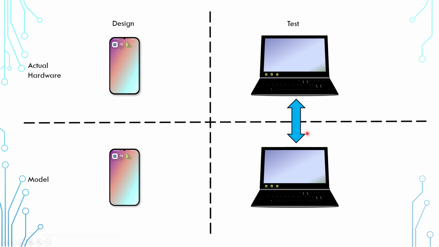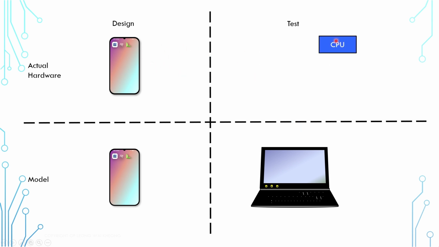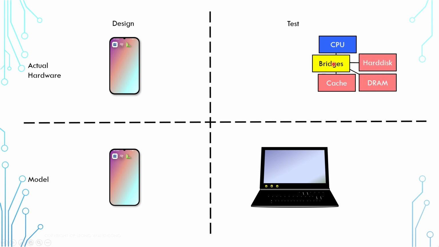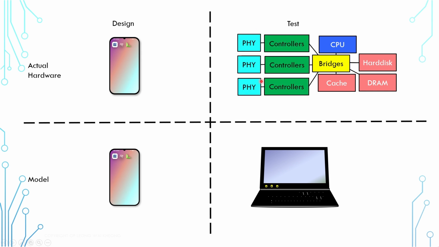To understand the difference between a model tester and an actual tester, first we need to understand how an actual tester works. If we look at the computer, it has a CPU, various memories and storage which are connected through bridges or interconnect. And then there are various controllers and PHY components which are used to connect to the outside world. For example, this may handle Wi-Fi connection, this may handle Bluetooth connection, and this may handle USB connection.